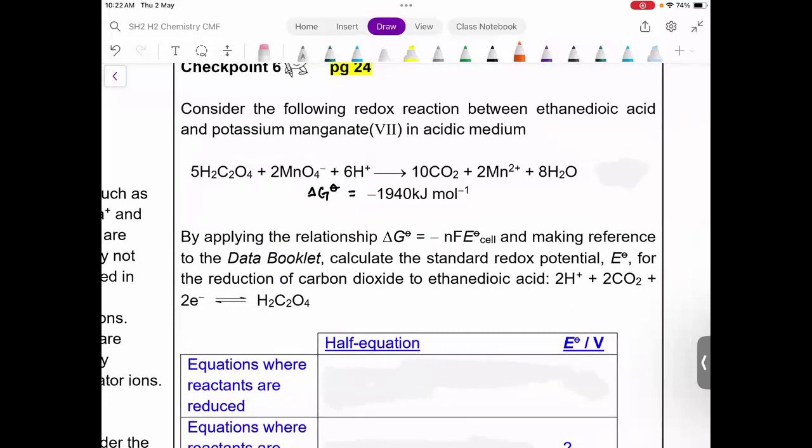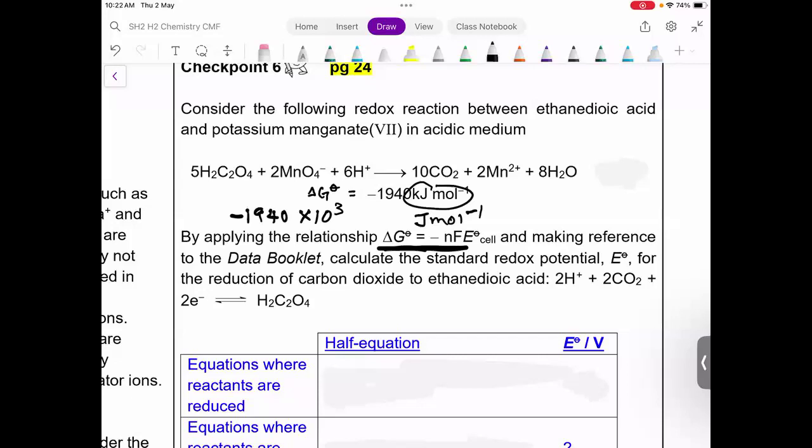All right, so remember, first thing to do is to convert this to joule per mole. Remember, I said that before. In this equation, the units for delta G must be joule per mole. So you will have negative 1940 times 10 to the power 3.